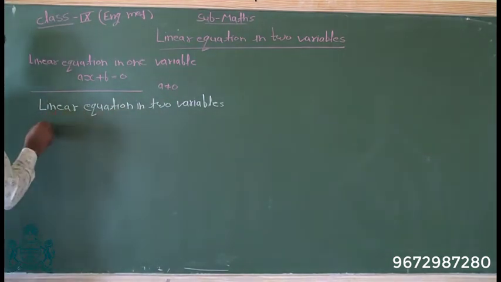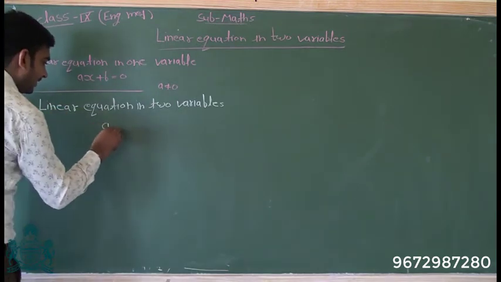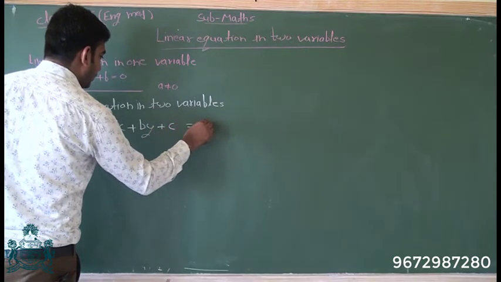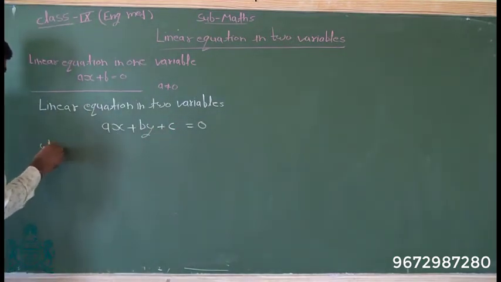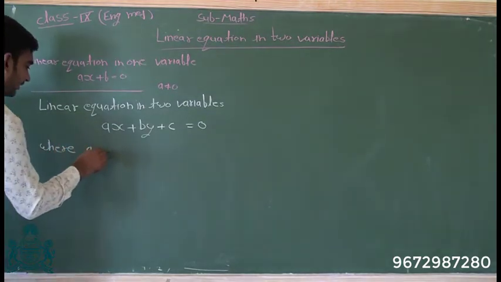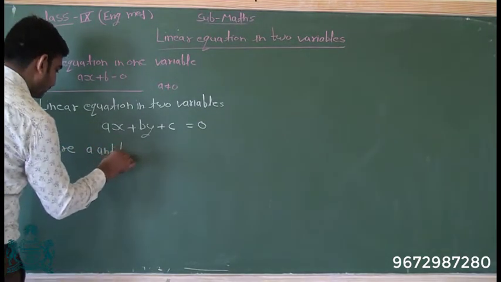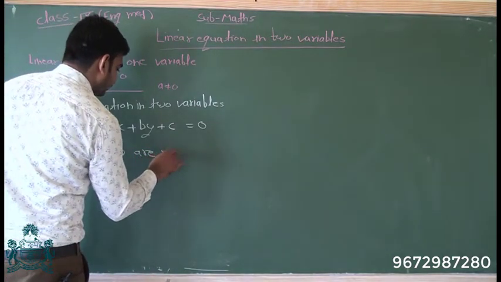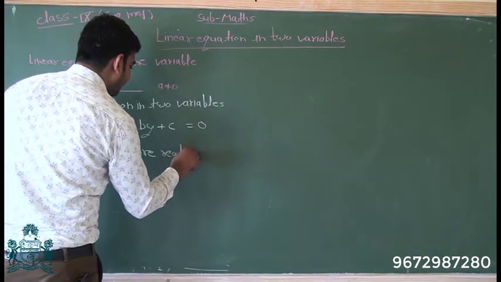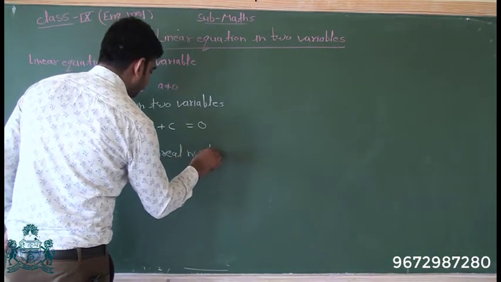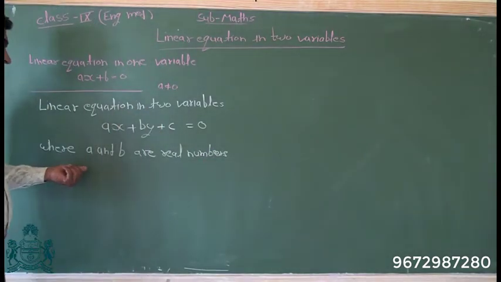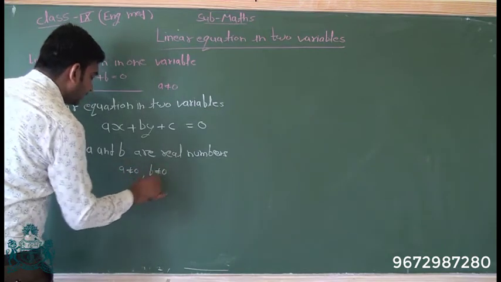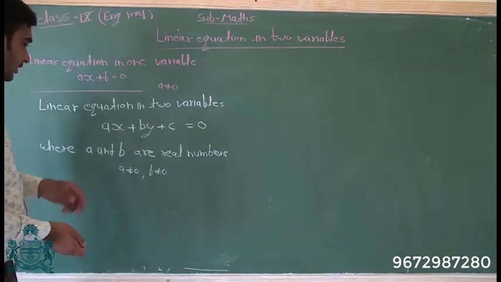Linear equation in two variables, general form or standard form: ax plus by plus c equal to 0, where a and b are real numbers and a not equal to 0, b not equal to 0.